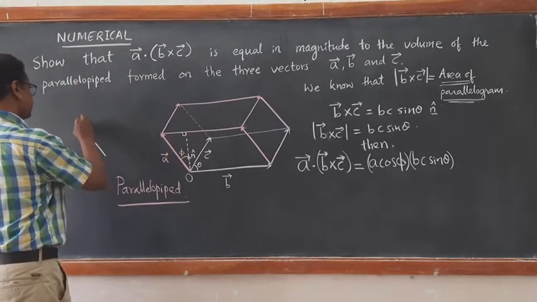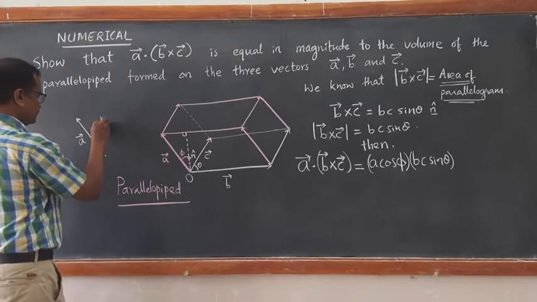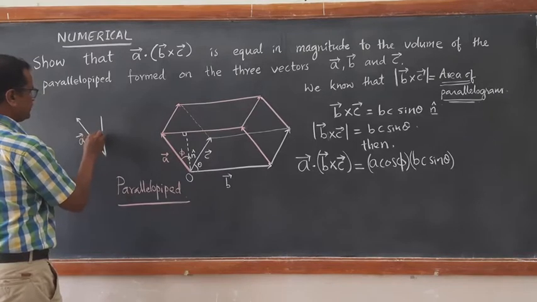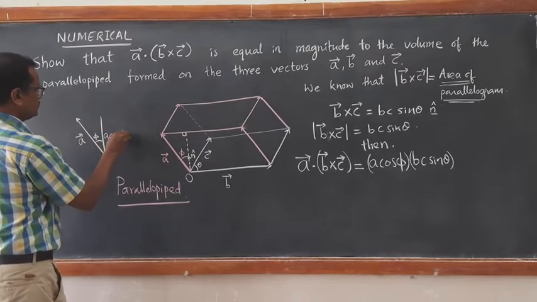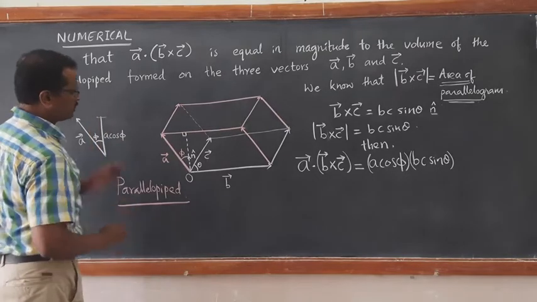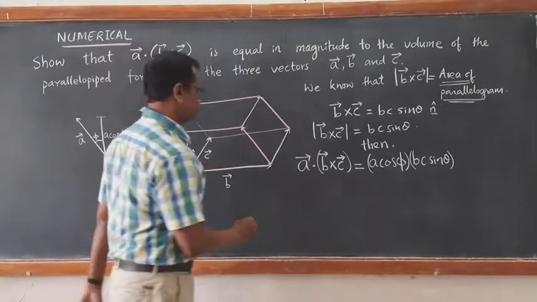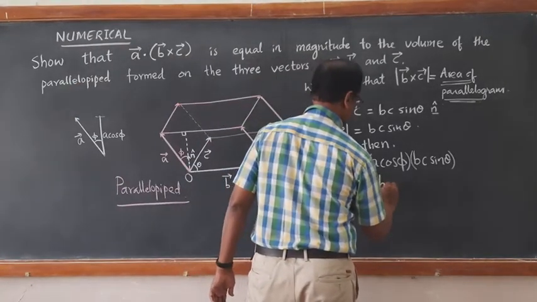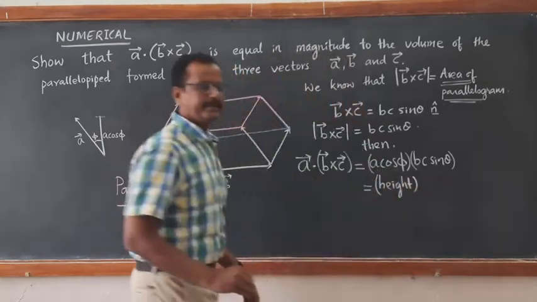This is A, this is the perpendicular, and this is phi. This perpendicular itself becomes A cos phi, and from the diagram it is the height of the parallelepiped.